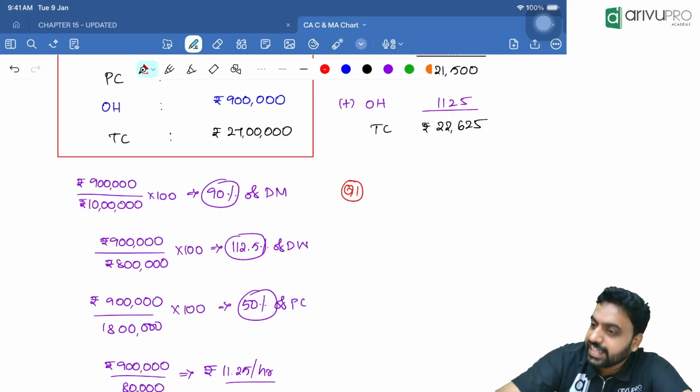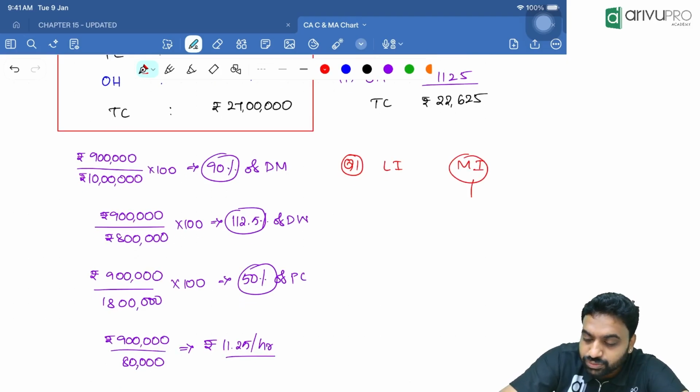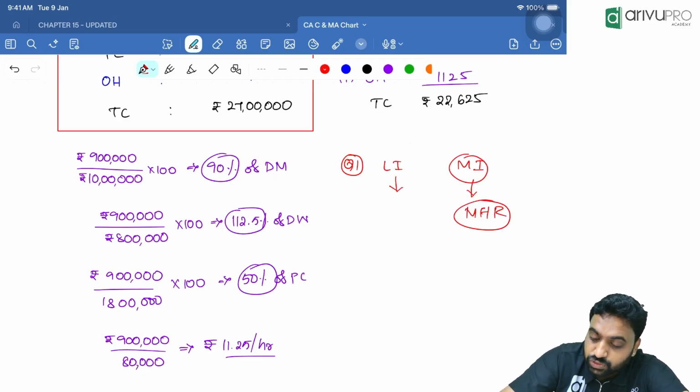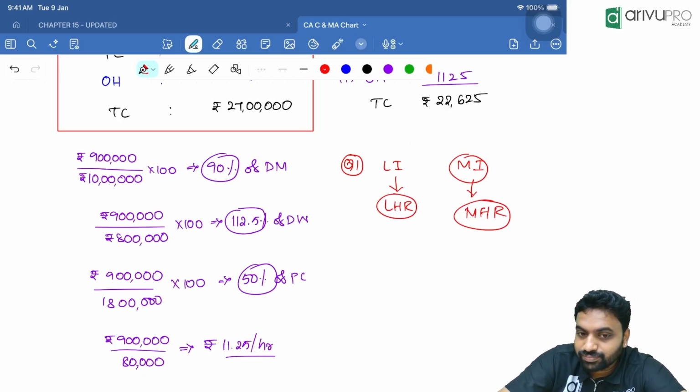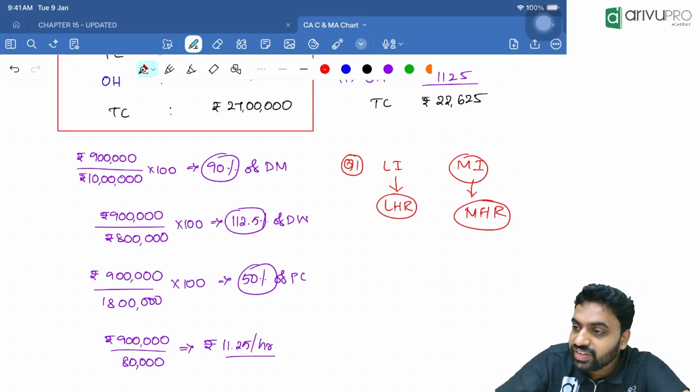If that is not the case, then first you should check whether it is labor intensive or machine intensive. If it is machine intensive, then absorb it at the machine hour rate. If it's labor intensive, first priority give it to labor hour rate, when you don't have different labors of different cost.